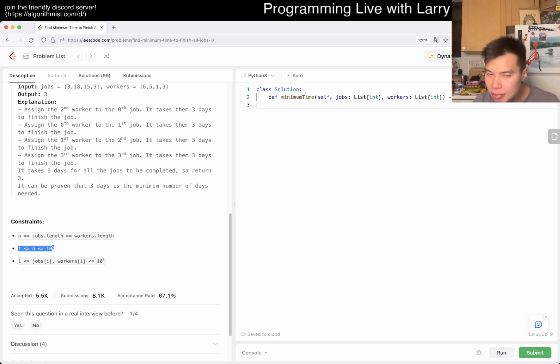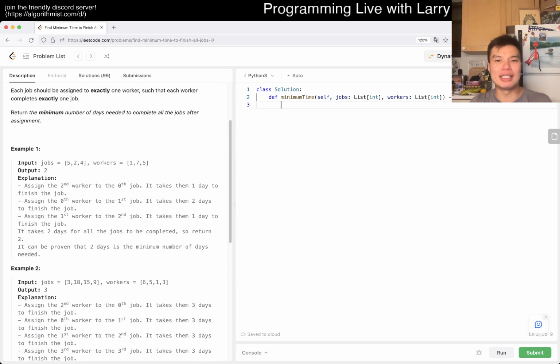But seeing that n is equal to 10 to the fifth gives me the idea that this is greedy. The reason is that I had a greedy idea in my head, an intuitive one: you sort the jobs, you sort the workers, and then basically you give the slowest worker the least work, right?